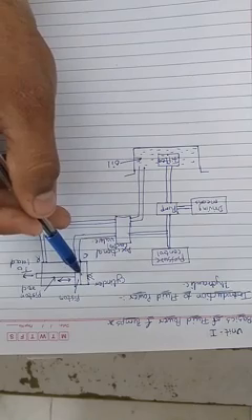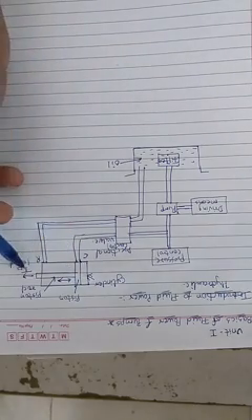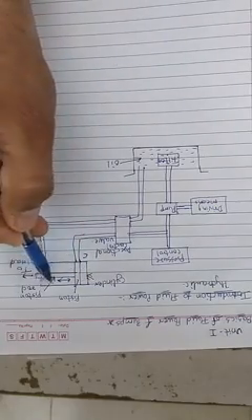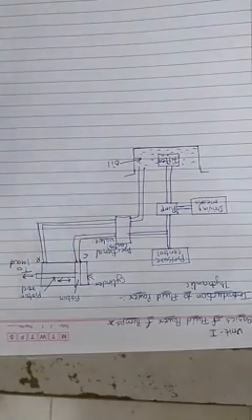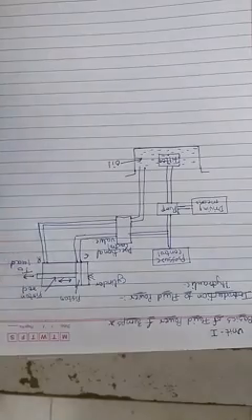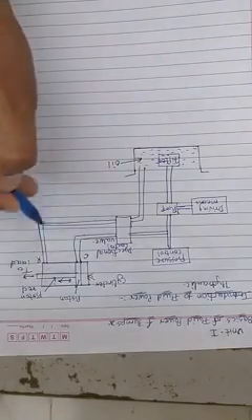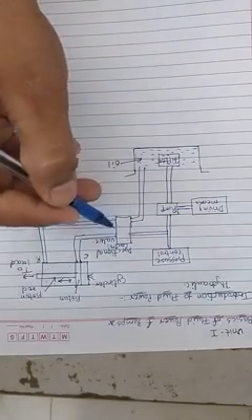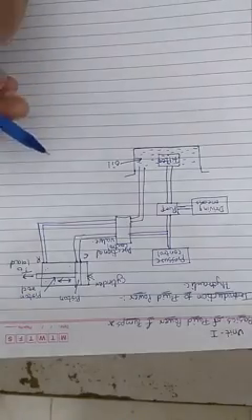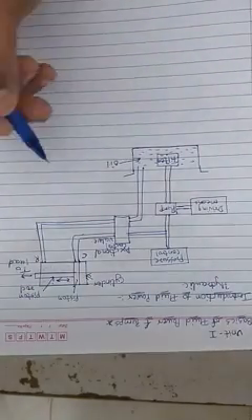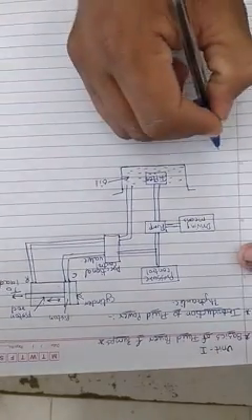Oil flows through the cap end to the rod end, then the piston will move from the cap end to the rod end, or left side to right side, and the oil present at the rod end will go through the directional control to the tank.